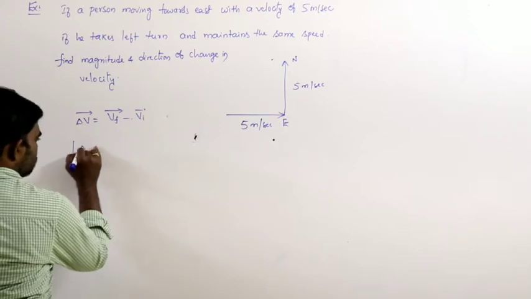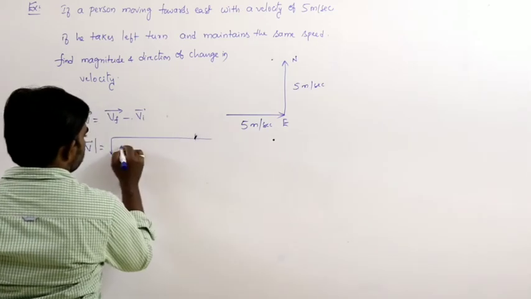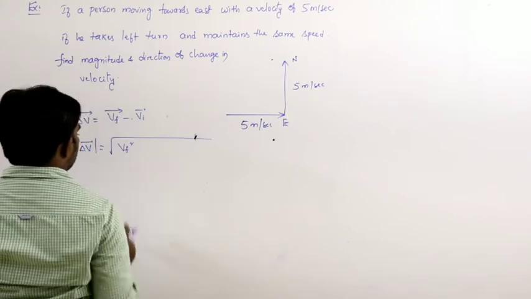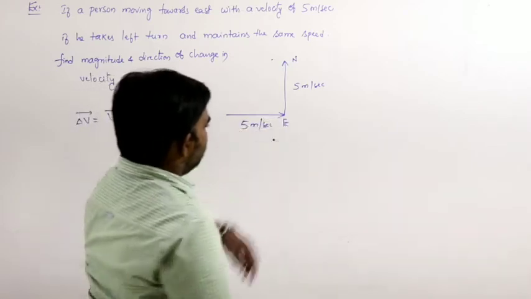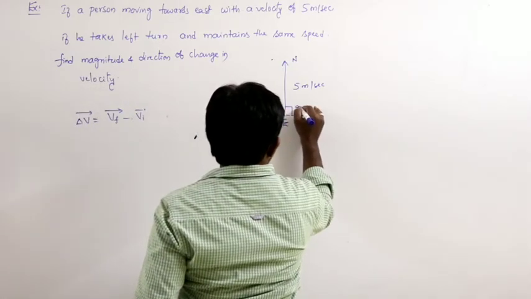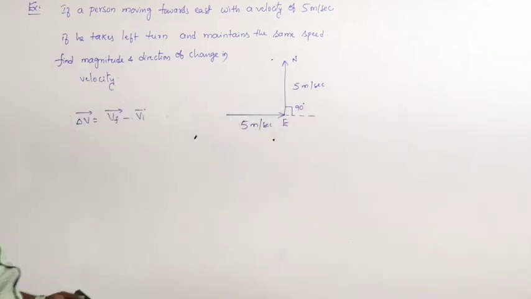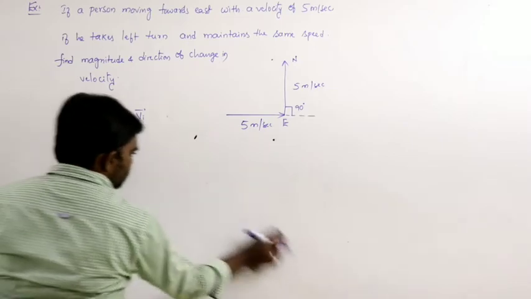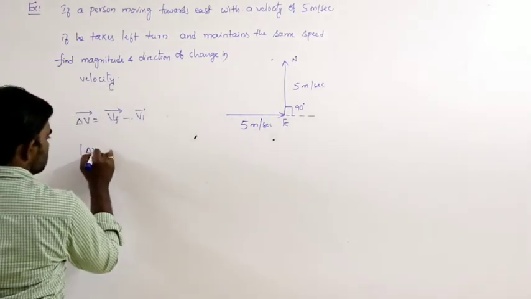So the magnitude of delta V bar can be written as under root Vf square, as you people know here. The angle is 90 degrees here. If the angle is 90 degrees, what is the magnitude of change in velocity?